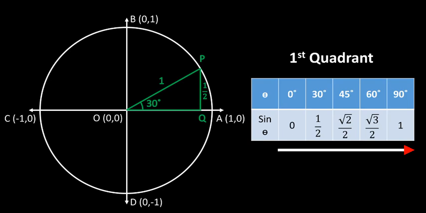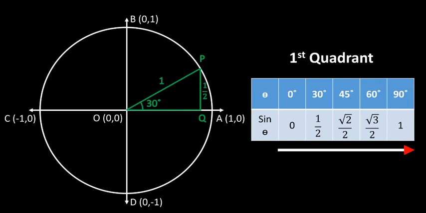In this figure, the line OP is equal to radius of unit circle. It means its length is equal to 1 unit. It is the terminal side of the angle 30 degrees. And the line PQ is a perpendicular line that we have drawn from point P on the x-axis.